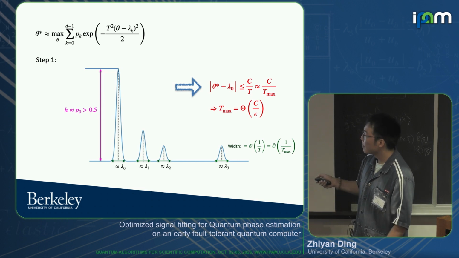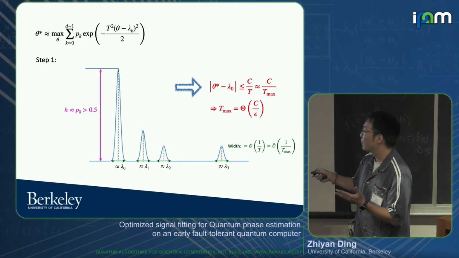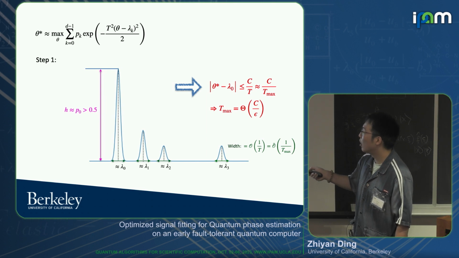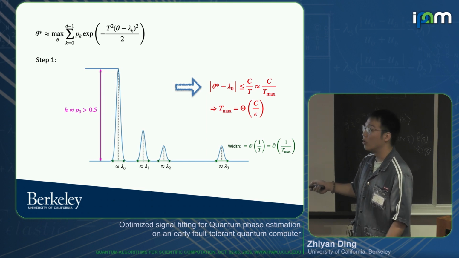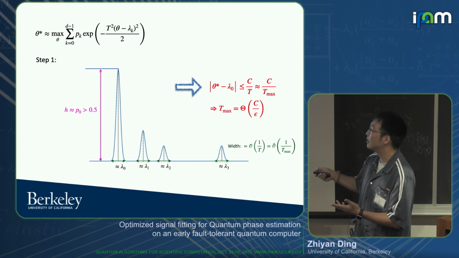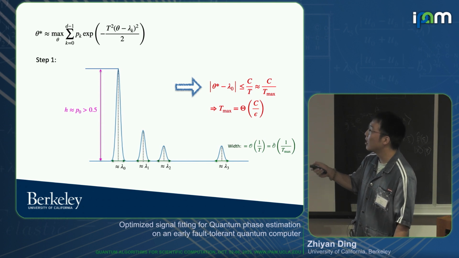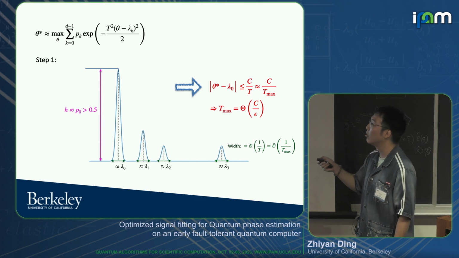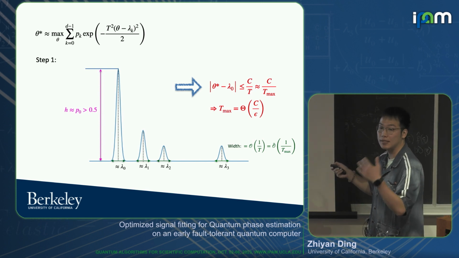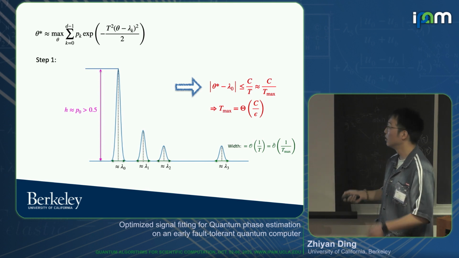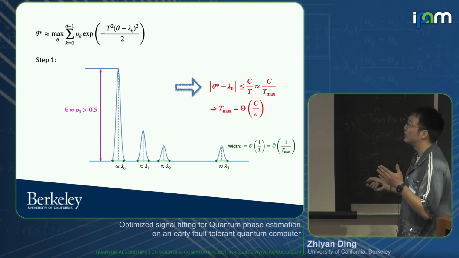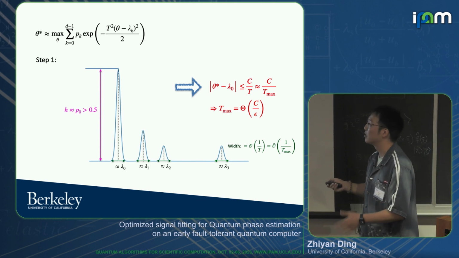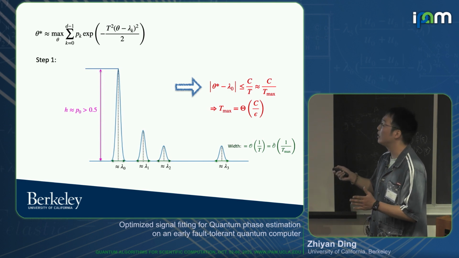And since previously I have told you that the width of the peak is order 1 over capital T, according to this graph, in the first step we can at least show that the absolute value of theta star minus lambda 0 is bounded by some constant c over capital T. So this is essentially our first step. At least we can show that this T max equals c over epsilon.